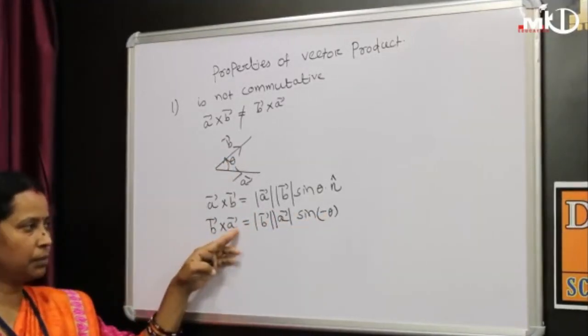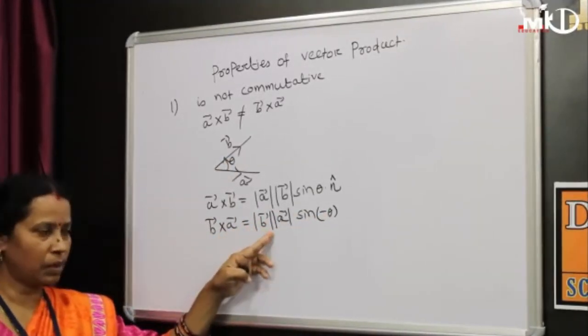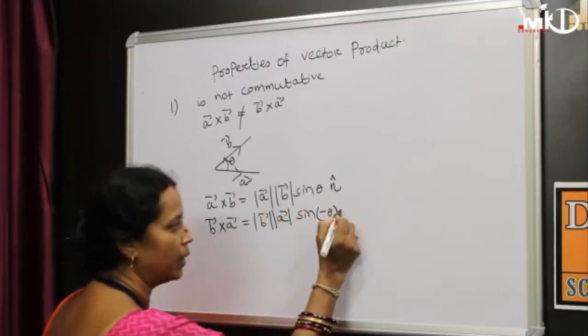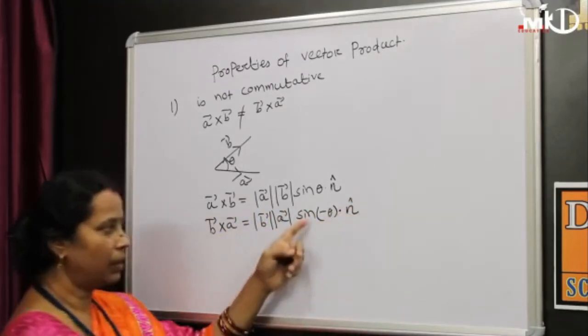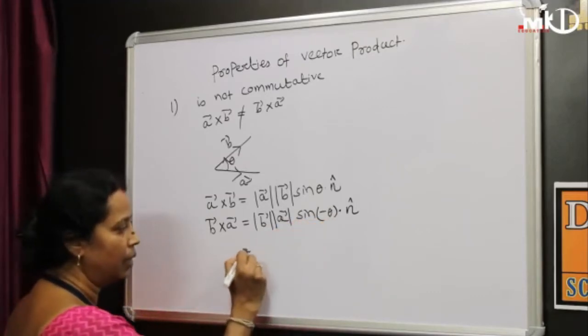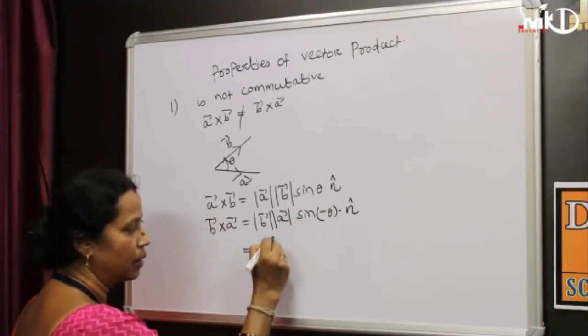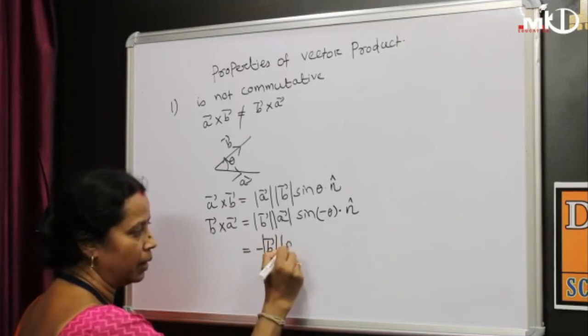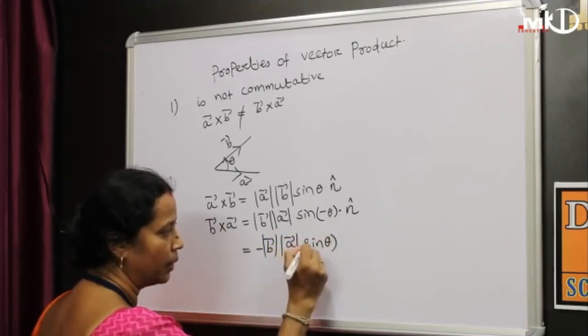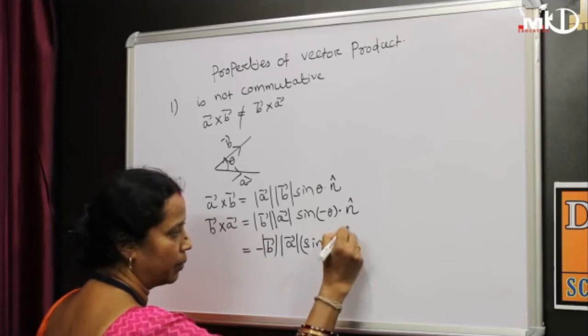So B bar cross A bar is equal to modulus of B bar, modulus of A bar, sine of minus theta into n cap. And already we know sine of minus theta is equal to minus sine theta. So it becomes minus modulus of A bar into modulus of B bar into sine theta into n cap.